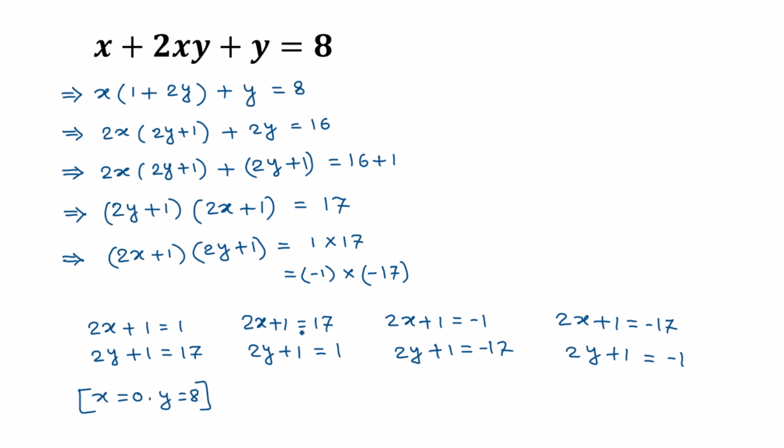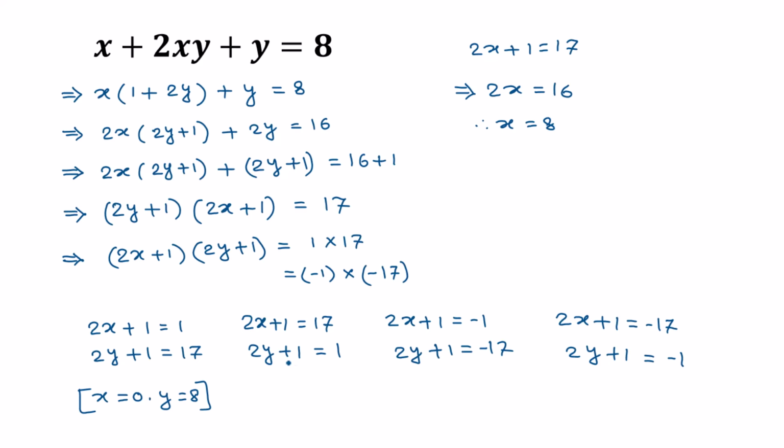And for this case, we have 2x + 1 is equal to 17. Taking this 1 to the right side, we get 2x is equal to 16, and dividing both sides by 2, we get the value of x is equal to 8.